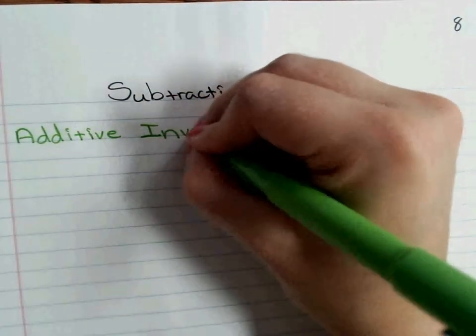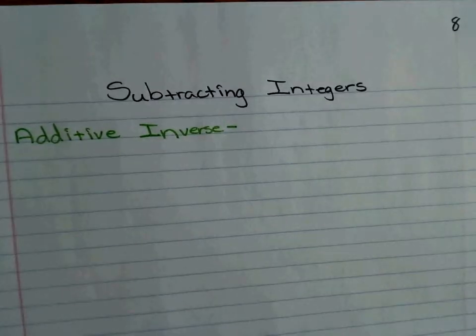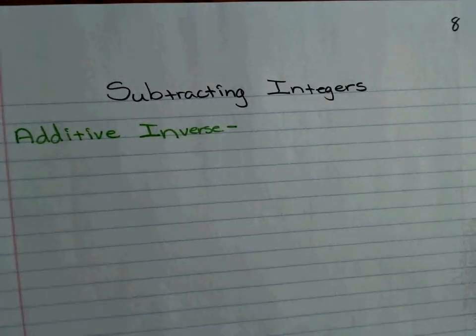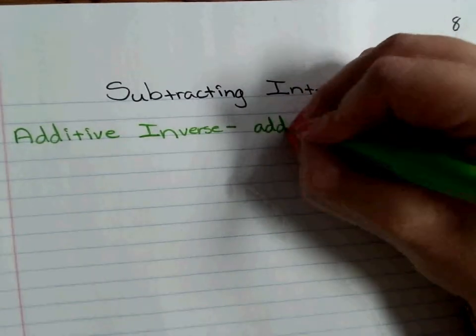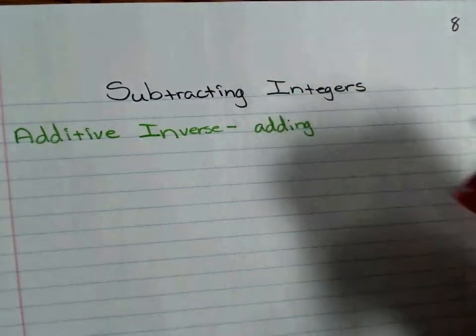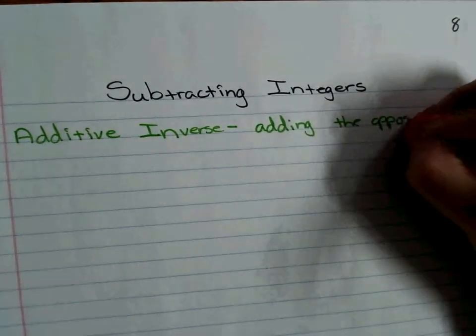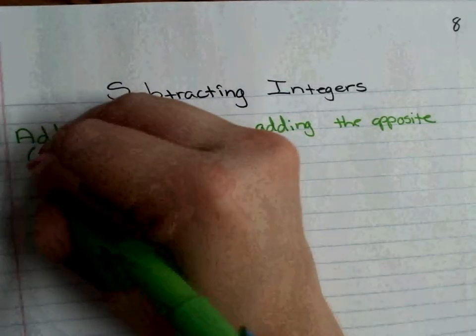All right, with subtraction, we utilize what we call the additive inverse. That means that you're basically adding the opposite. So we really don't have a subtraction of integers. We convert them into an addition problem always. So you only have to focus on those addition rules because you're adding the opposite. You guys might have seen it last year with keep, change, change.